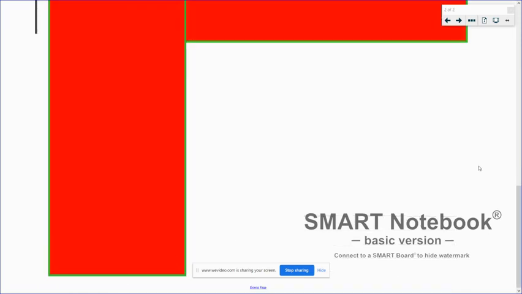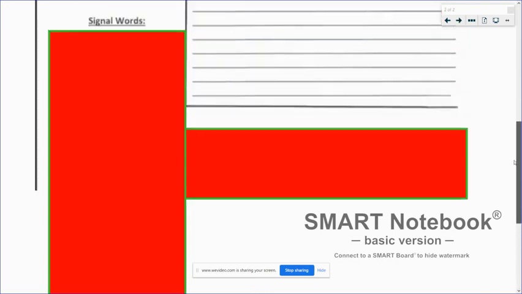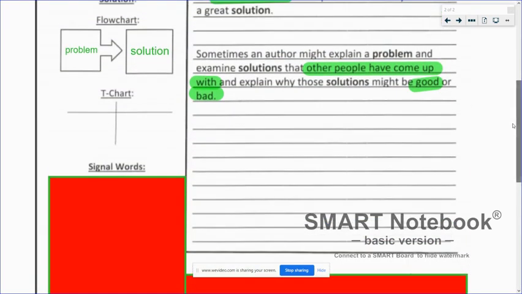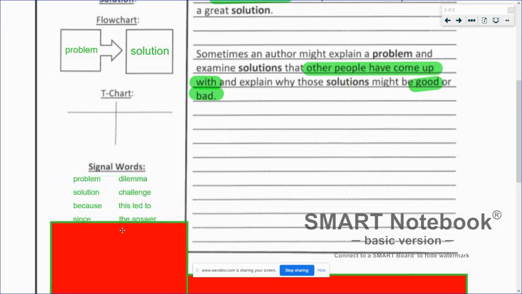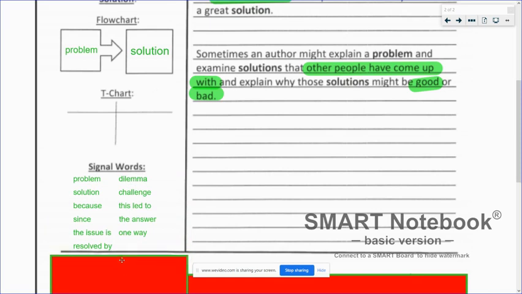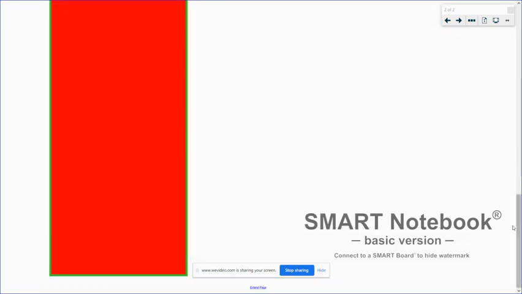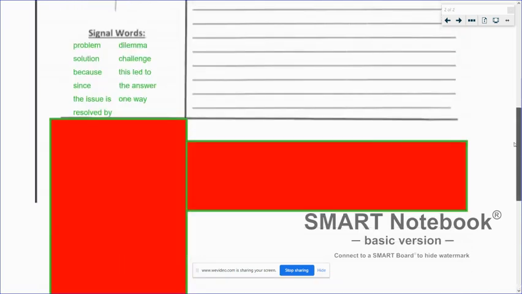And then the last thing to fill in are the signal words. Words you'll look for that will give you the signal that, hey, the author, I think, organized this as a problem and solution text. So it doesn't mean these have to be in the article or in the writing, but they might be.